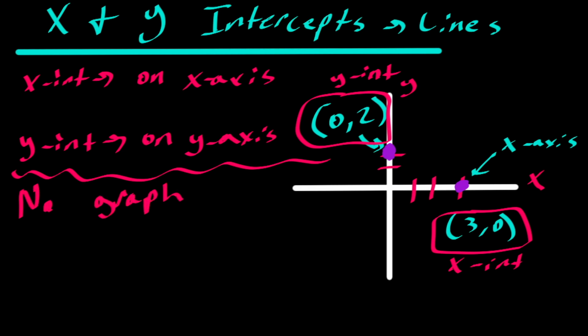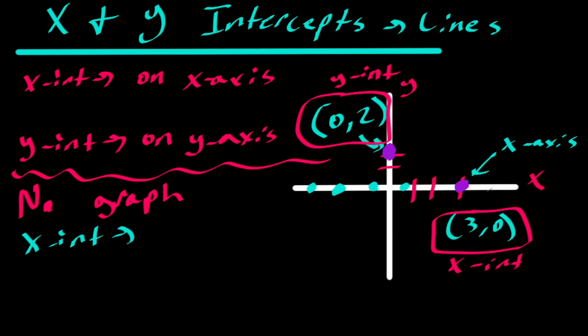I want to try to get you to conceptualize this, because once you do, it's a lot easier. For the x-intercept, let's ask ourselves this question. Will the y value always be the same for an x-intercept? What I'm actually asking is, what is the y value for any point that's on the x-axis?